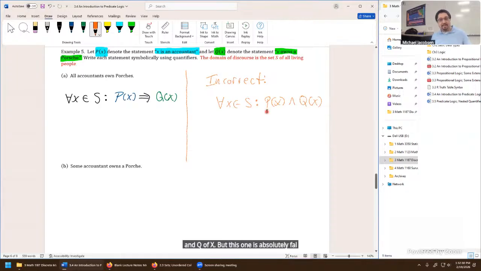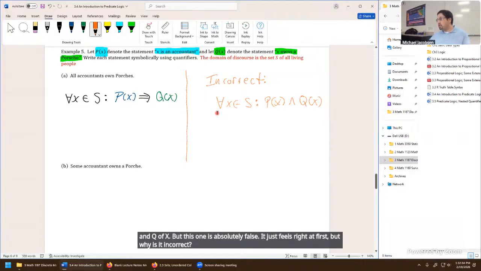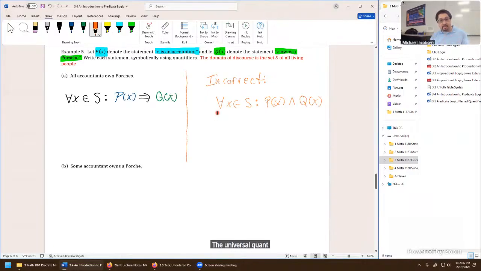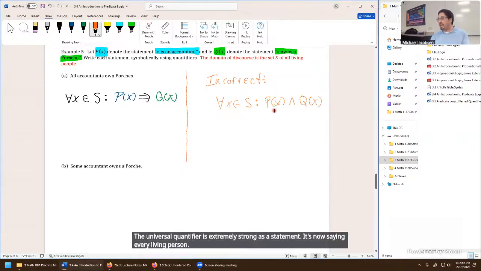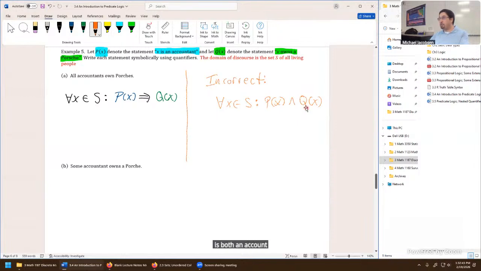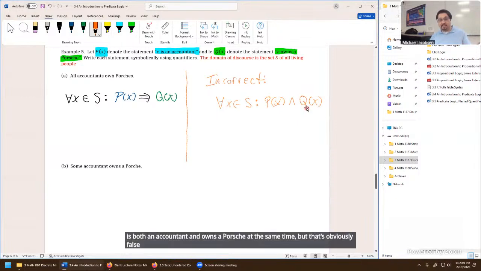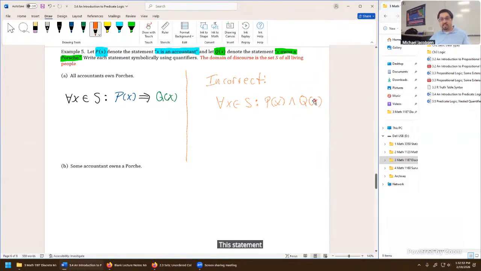It just feels right at first, but why is it incorrect? The universal quantifier is extremely strong as a statement. It's now saying every living person is both an accountant and owns a Porsche at the same time, but that's obviously false, right? I'm not an accountant and I certainly don't own a Porsche. This statement is extremely strong, but it's a temptation to put that down on paper.